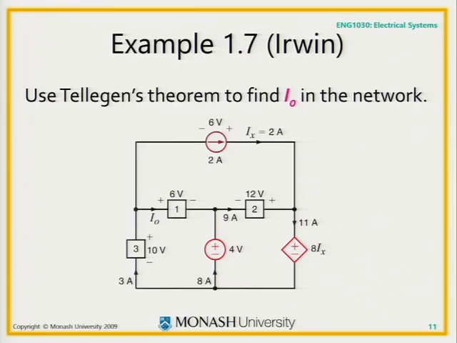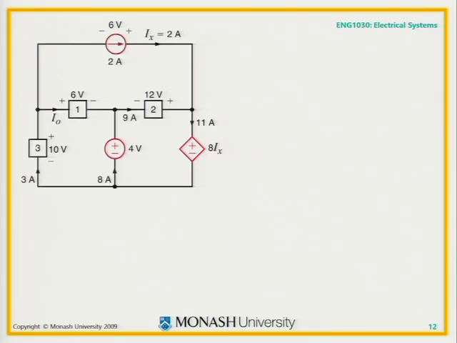So to do that, make sure you're multiplying. If the current is going into the positive terminal, then you multiply the two values together, and if it's positive, it's absorbing. If the current goes into the negative terminal, then you have to add a negative sign in front of it. So using that, find I0 in the network. Let me just check the next slide. Yeah, so here's the slide. So I'll give you a couple of minutes to have a look at that.